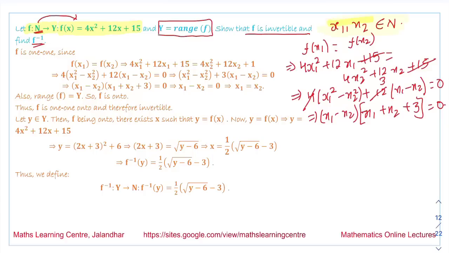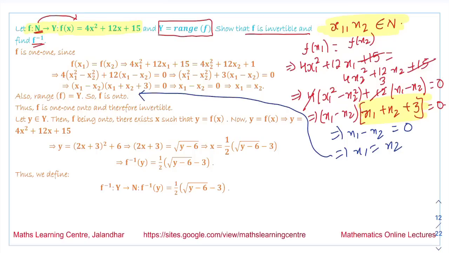As both x1 and x2 are natural numbers, we get that this term is always greater than 0. So this implies that x1 minus x2 is equal to 0, so x1 is equal to x2. So this proves that the given function is one-one.